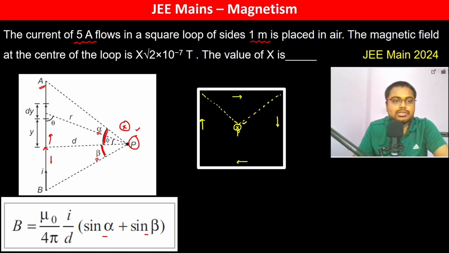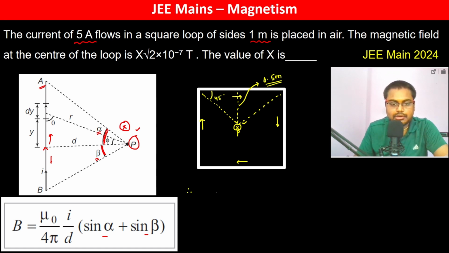Okay, so this is a square loop of 1 meter, so therefore this becomes 0.5 meters, and this is 45 degrees, that is pi by 4.